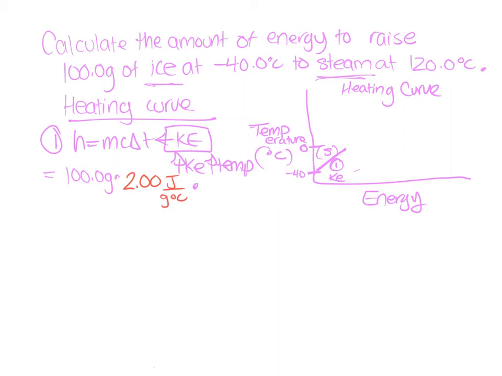Okay, and next we need the temperature change. So if it went from minus 40 to 0, that is a 40-degree temperature change. Again, no negative temperatures, right? It's always going to be a positive number.